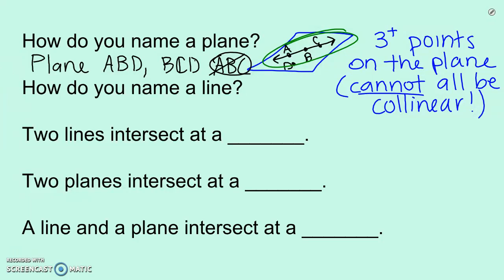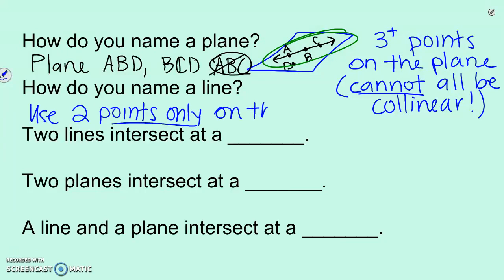How do you name a line? Well, a line, we use two points only on the line. So let's say I want to name this line right here that I drew. Let's call it line M. I could either call it line M, or I would call it line with double arrows above, AC.